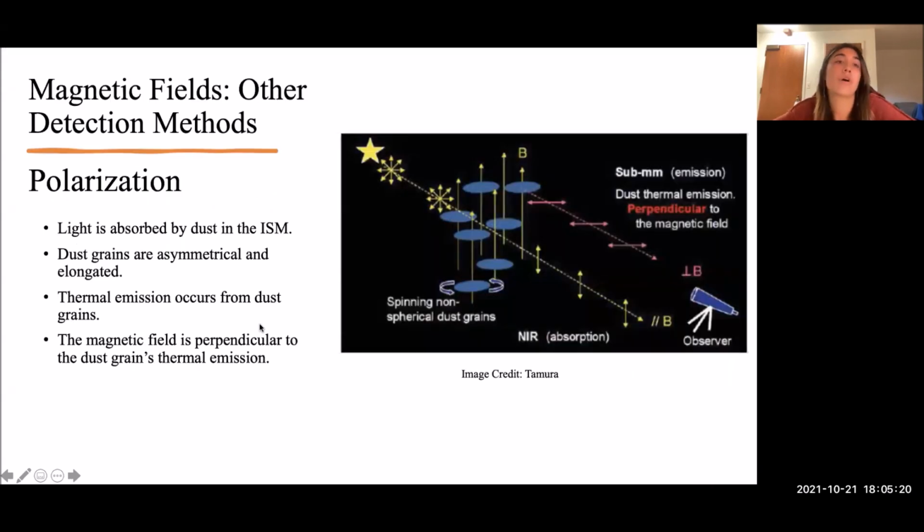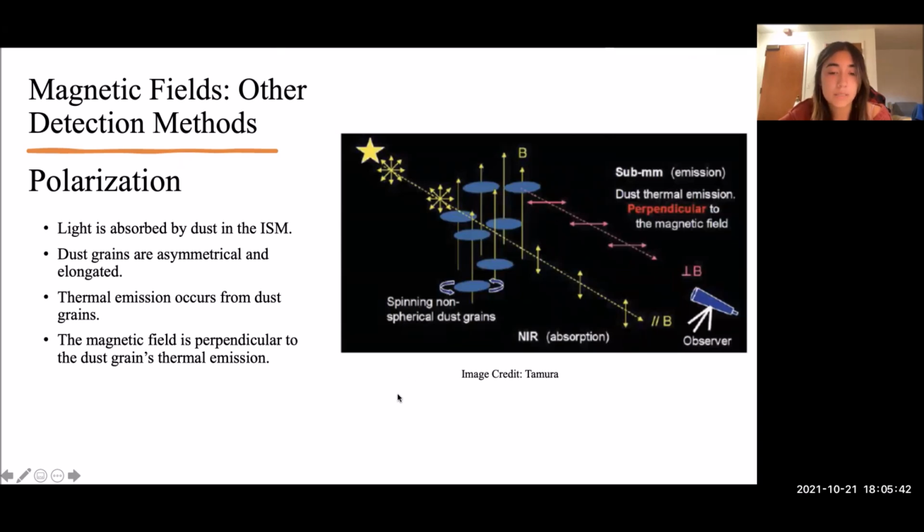Now, there are some other detection methods for studying magnetic fields, which we can later compare our results to. One of the popular ones is known as polarization. What happens during polarization is that as light travels, it is absorbed by dust in the interstellar medium.